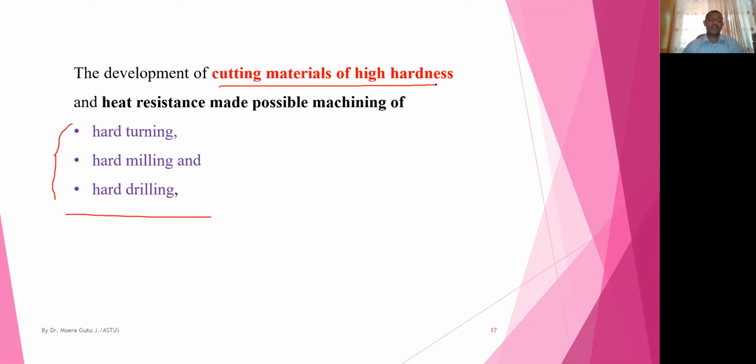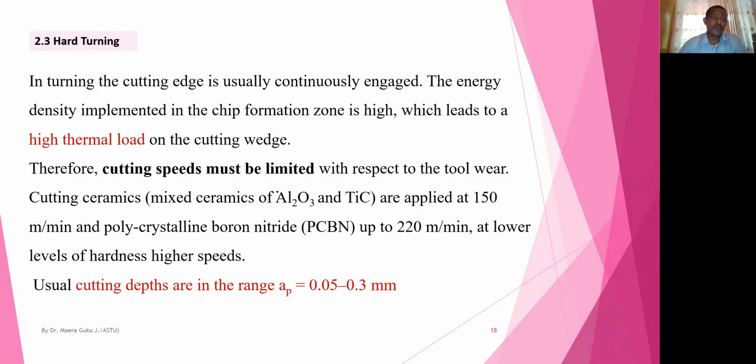You can machine with hard turning, hard milling, and hard drilling processes. We will see one by one what hard turning is.